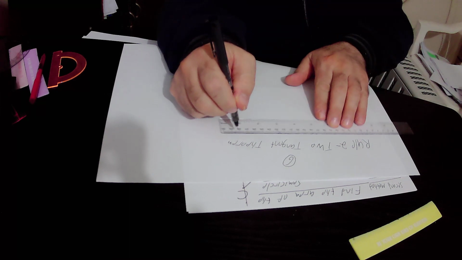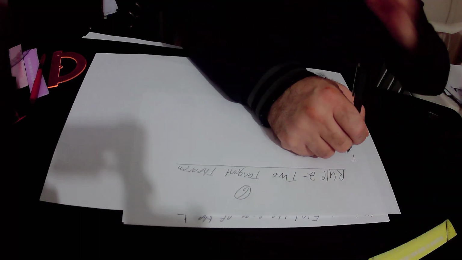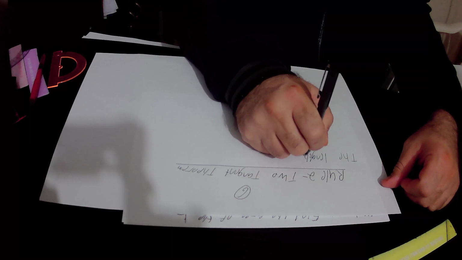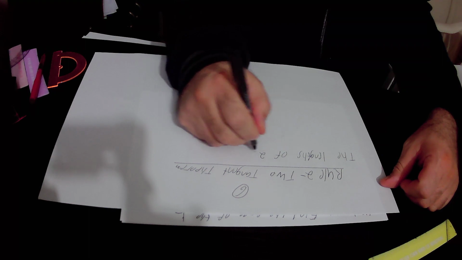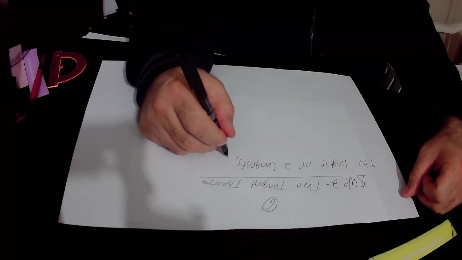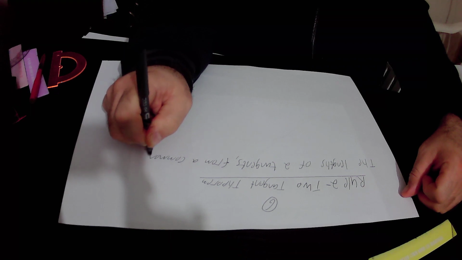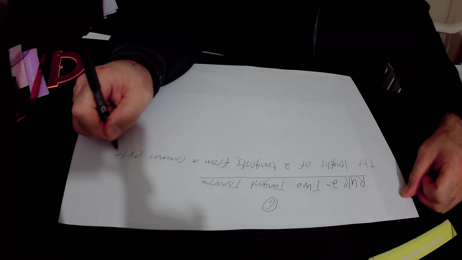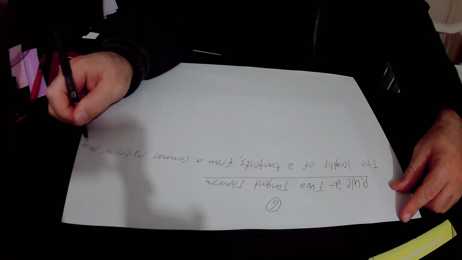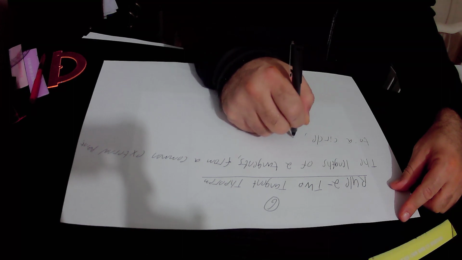According to two tangents theorem, the lengths of two tangents from a common external point to a circle are equal.